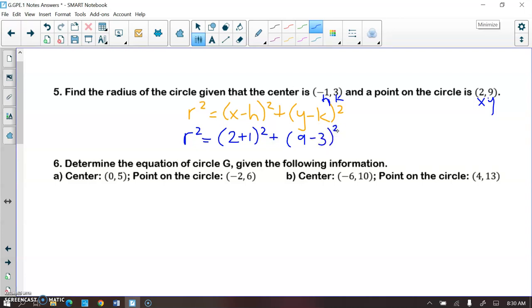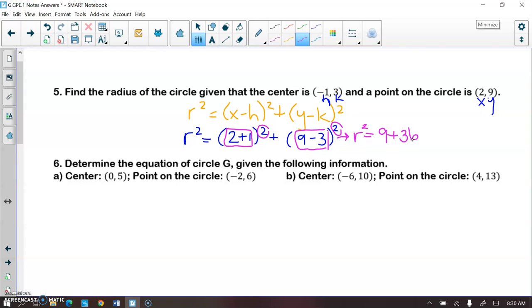And now I'm going to solve for r. So 2 plus 1 is 3, and 3 squared is 9. So I wind up with r squared is equal to 9 plus (9 minus 3 is 6, and 6 squared is 36).